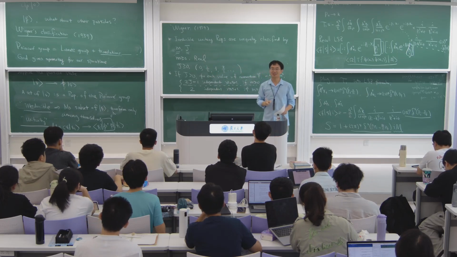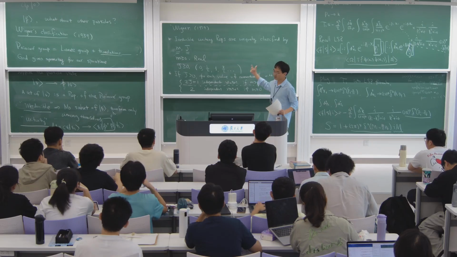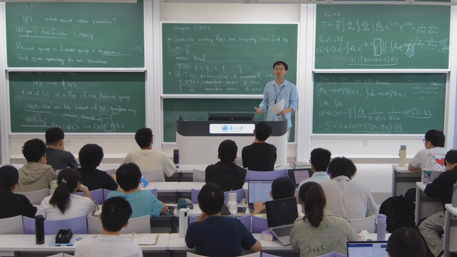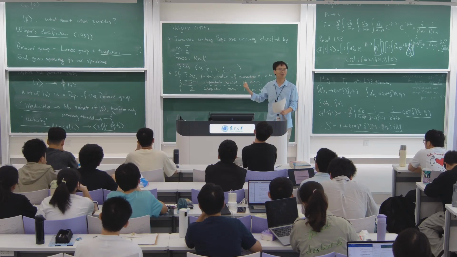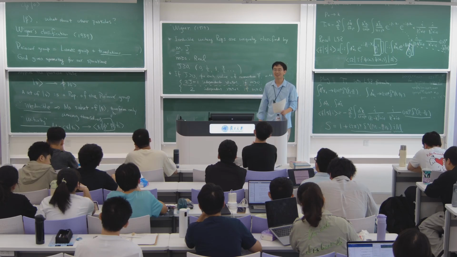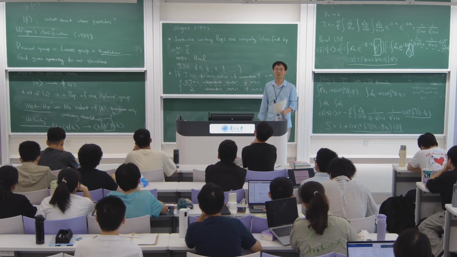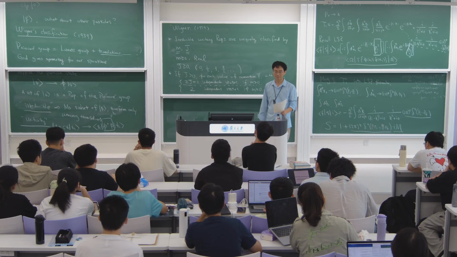But let me emphasize, these representations are all infinite dimensional. Can you see where the infinite dimension comes from? It's not a finite dimensional representation.